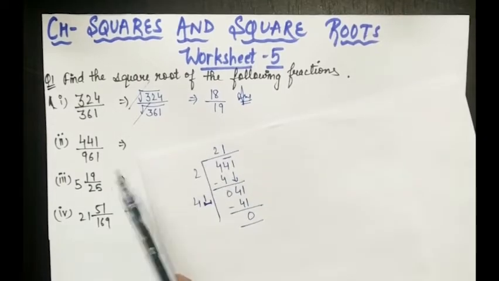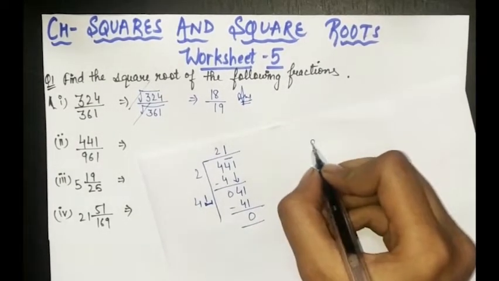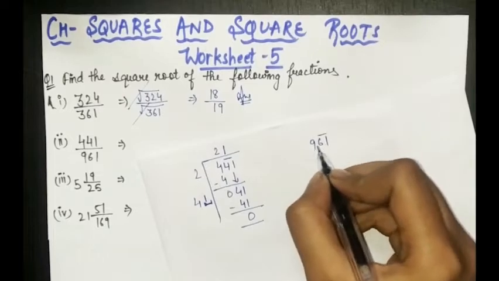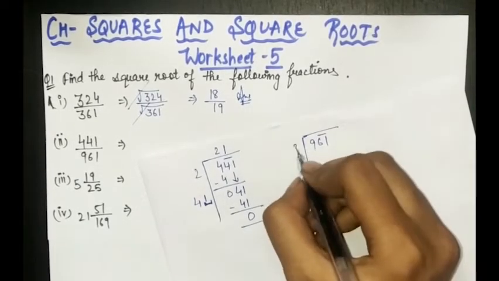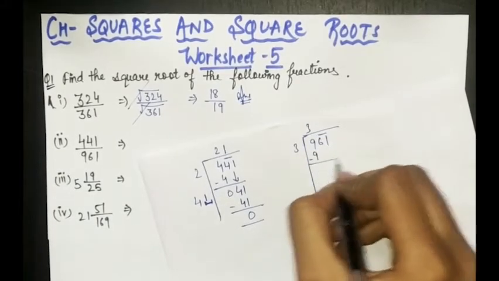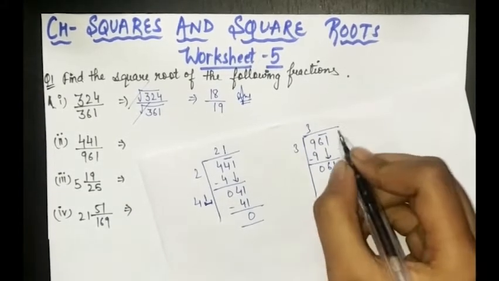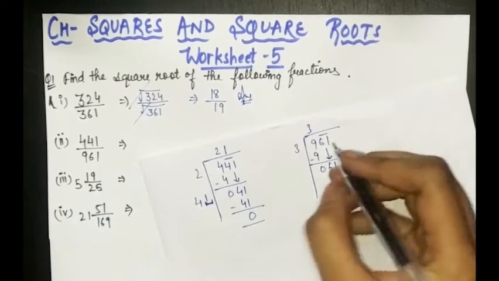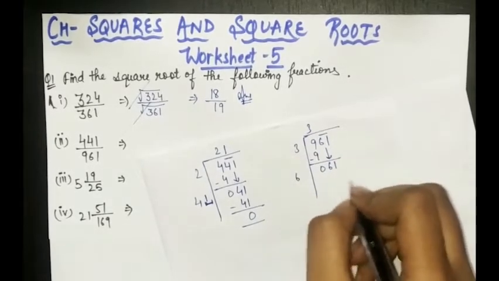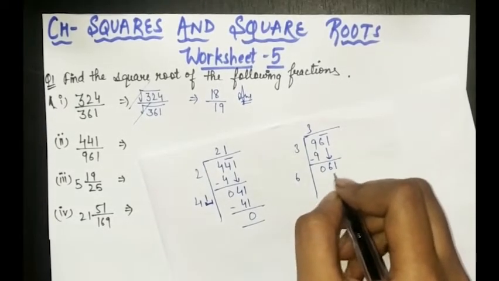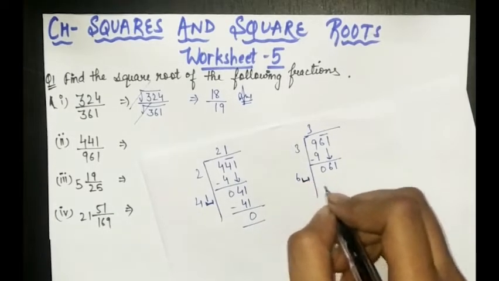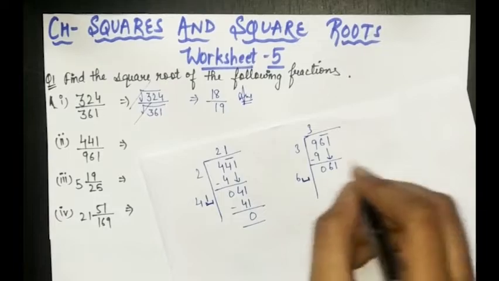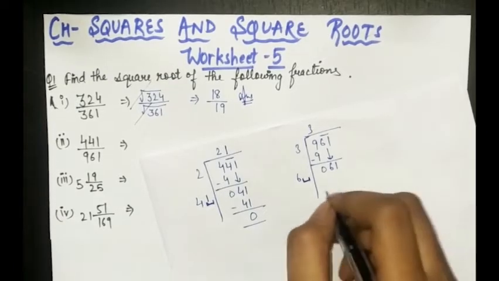Similarly you can do with 961 also. First pairing, then you all know that 9 is the square of 3, so 3 into 3 is 9, then 0 and then 61. Double of 3 is 6, so you will be writing 6, and 1 you want with just 61. You all know what number we have to put so that it will be completely divisible or smaller than this.